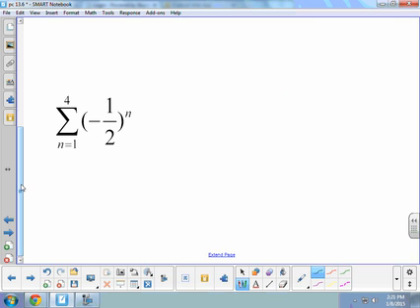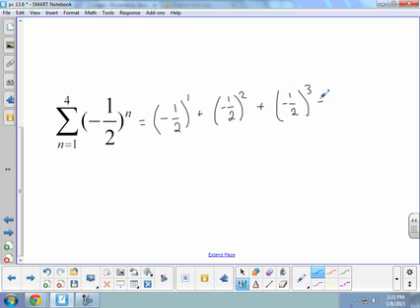On the one here, I've got the sum of negative 1/2 to the nth from 1 to 4. So that just really means negative 1/2 to the first power plus negative 1/2 to the second power plus negative 1/2 to the third plus negative 1/2 to the fourth.